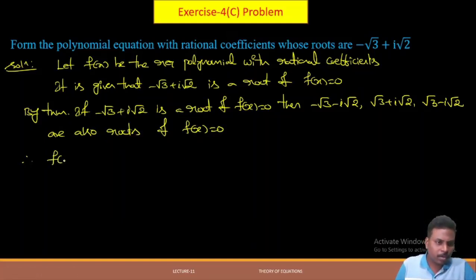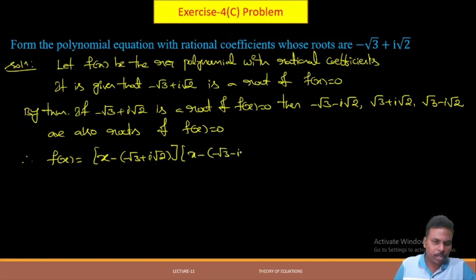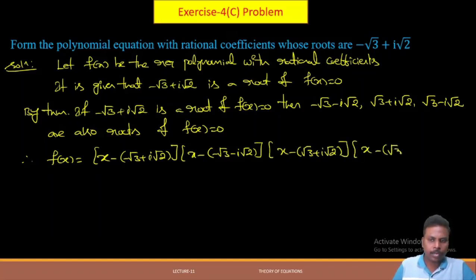Therefore, f of x is equal to x minus of minus root 3 plus i root 2, into x minus of minus root 3 minus i root 2, into x minus of root 3 plus i root 2, into x minus of root 3 minus i root 2.